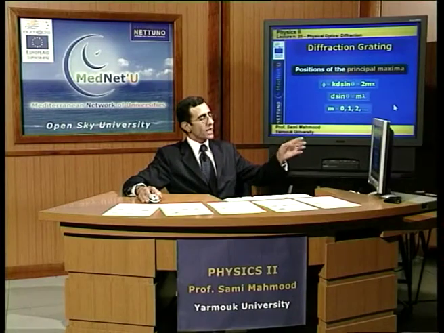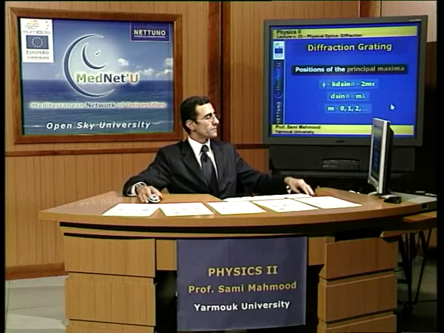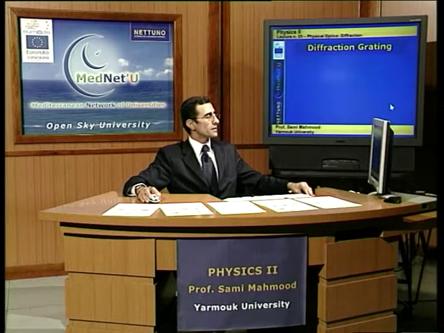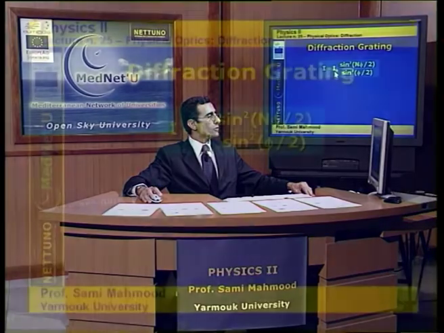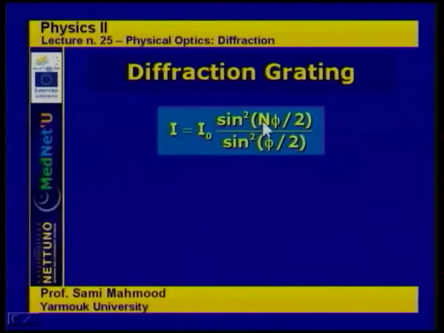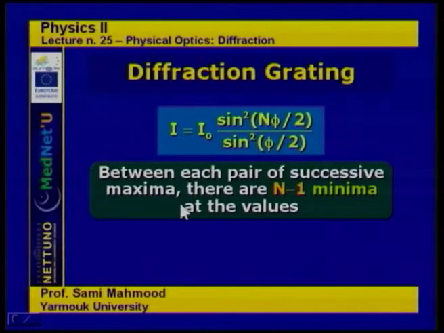So we have a set of maxima, and I equal to I naught times sine squared of N phi over 2 over sine squared of phi over 2, which is the result that we obtained before, shows a set of maxima, as we mentioned.